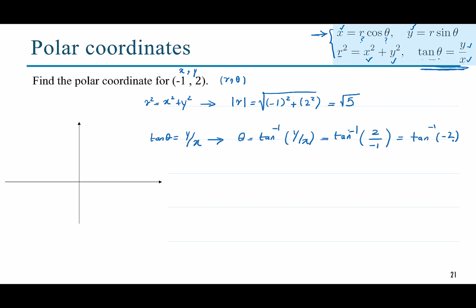So, for the purposes of the assignment, I can plug this into a calculator and find an angle, either a negative theta, so maybe -1.1 roughly, or it would be pi minus 1.1 radians.